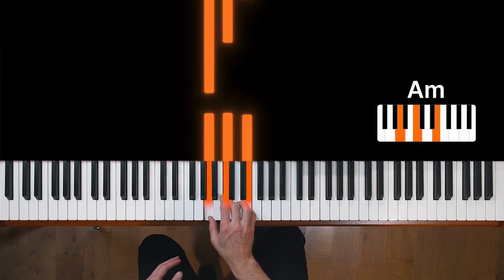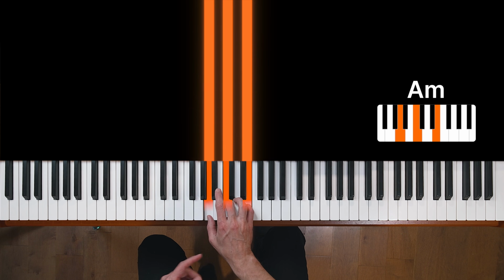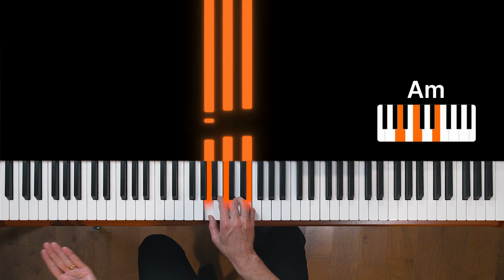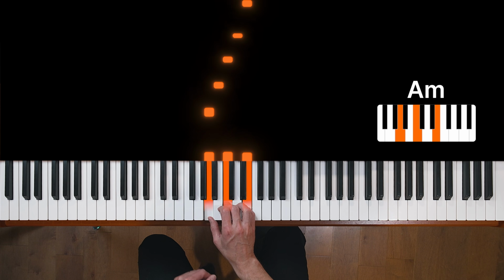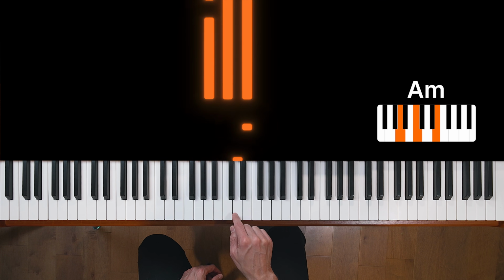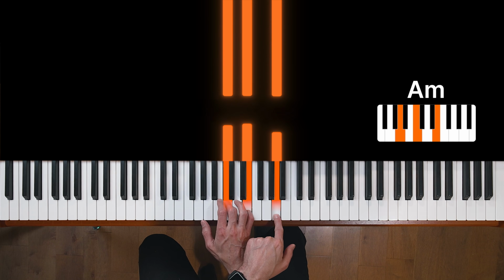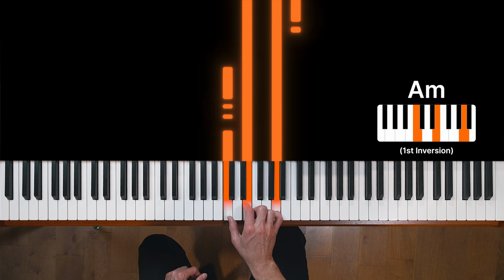For example, A minor: A, C, E. A is the note that stands for the name of the chord, which means it's our root, left to right. If I move this A over here to the top, we have our first inversion.